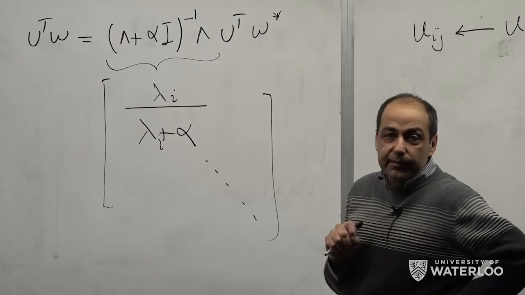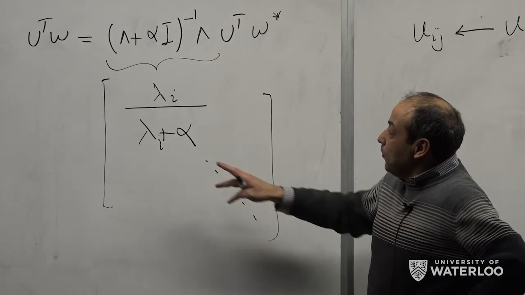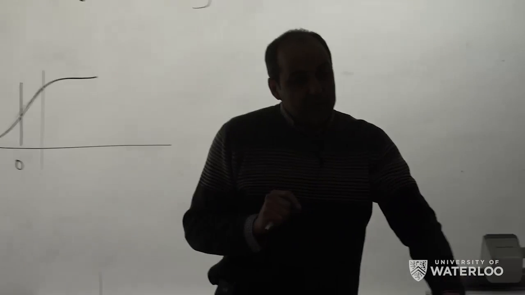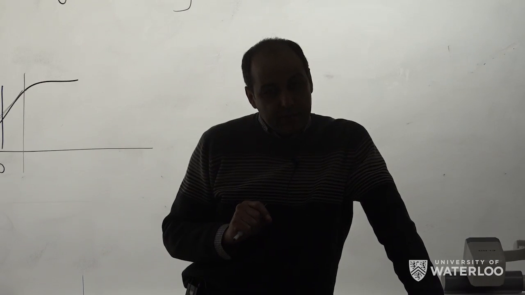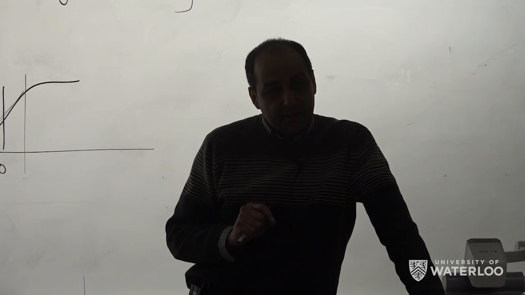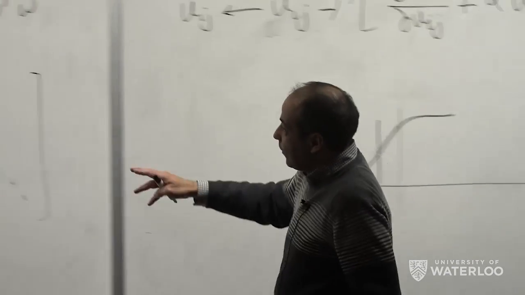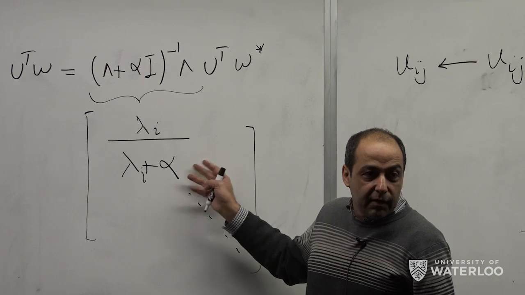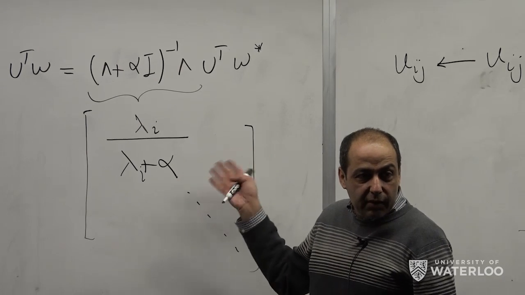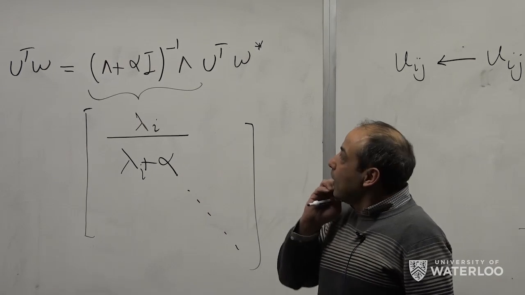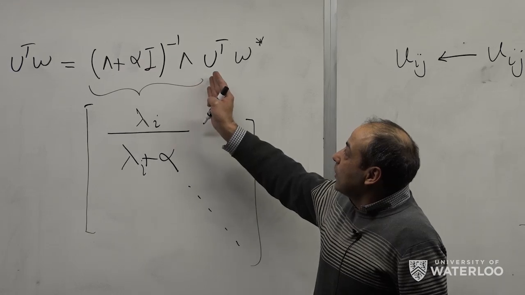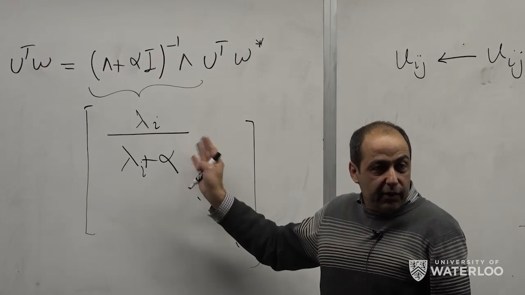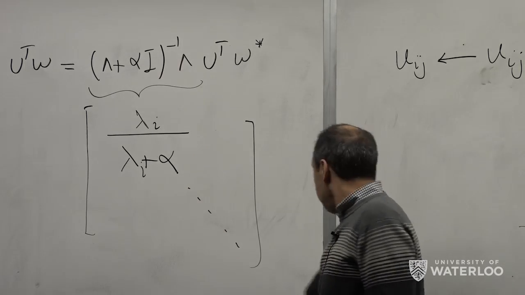It's going to be 1. But what if alpha is not 0? If alpha is a large value, what's going to happen? It approaches 0, right? It's going to knock down the corresponding column of U when one of these becomes 0.